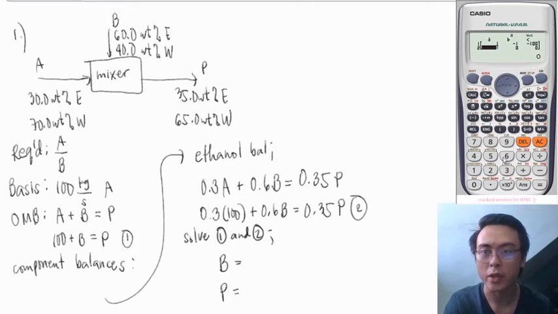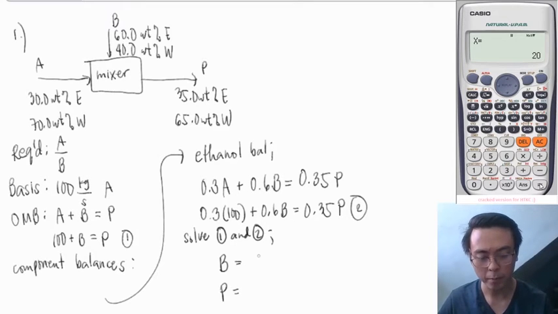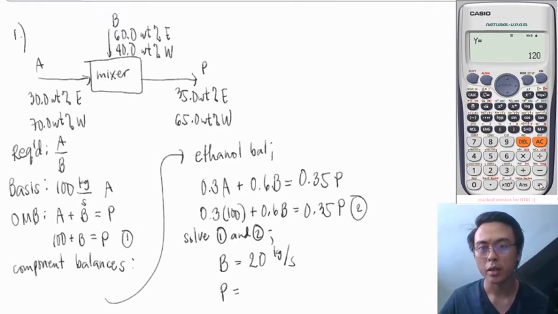For our second equation, we have 0.6, negative 0.35, and then your constant is negative 0.3 times 100. Okay, so your x is, again, our x is the B, so this is 20 kilograms per second. And then P is 120.